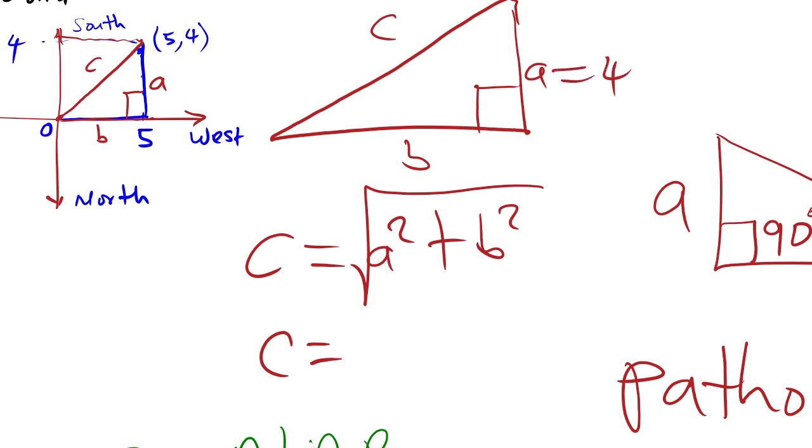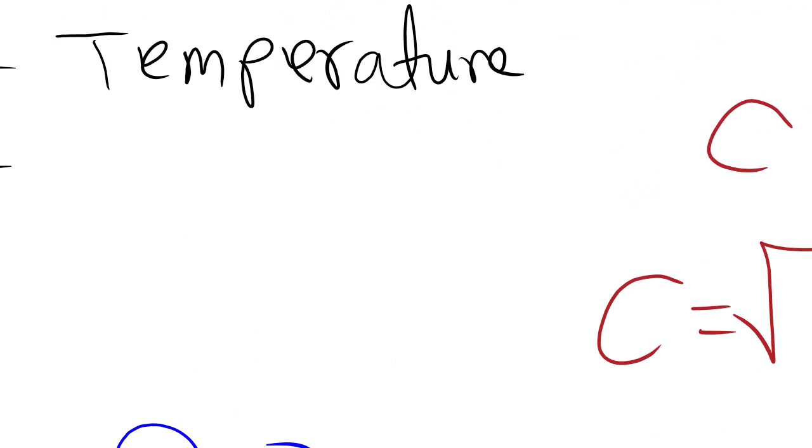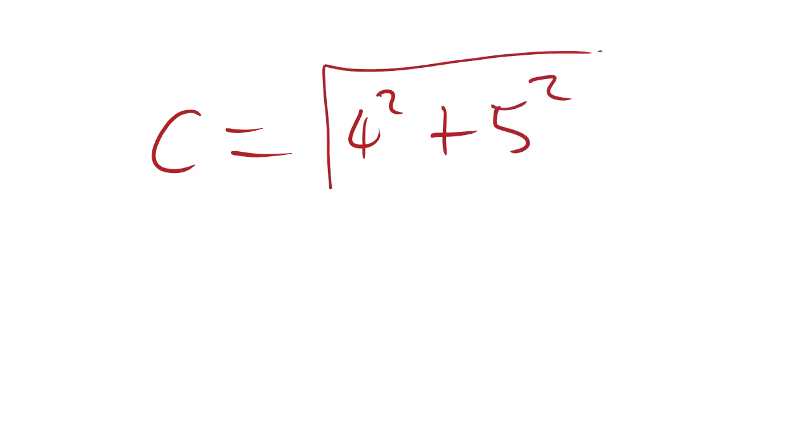Let's say A is 4, B is 5. Then we have C is equal to the square root of 4 squared plus 5 squared, in bracket.